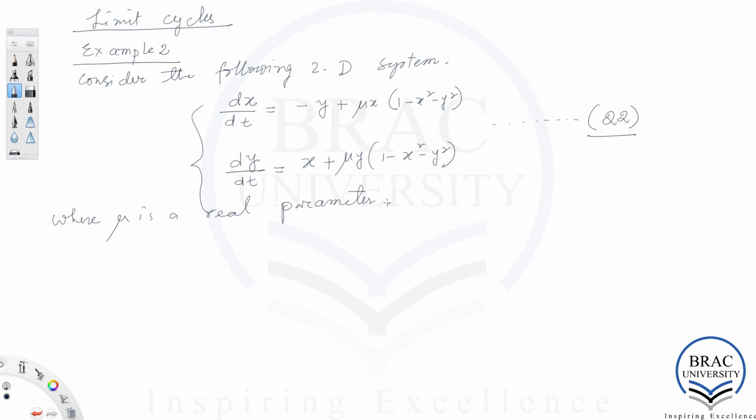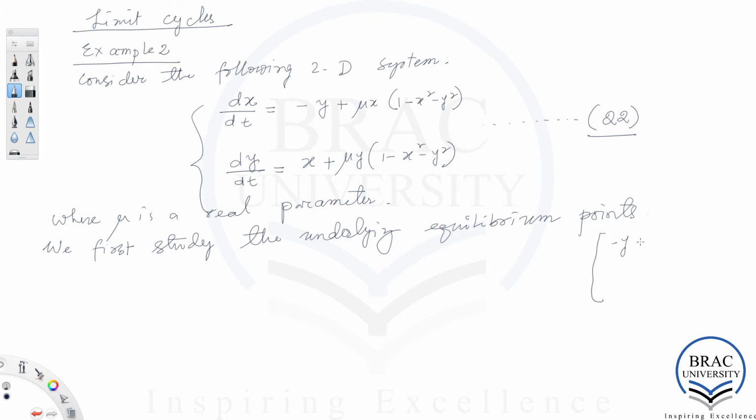We look forward to understanding this system 22. To do so, we first look for the equilibrium points of the underlying system. We first study the equilibrium points of this vector field: minus y plus mu x times 1 minus x squared minus y squared, x plus mu y times 1 minus x squared minus y squared.